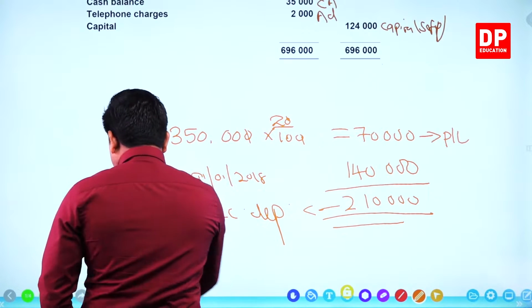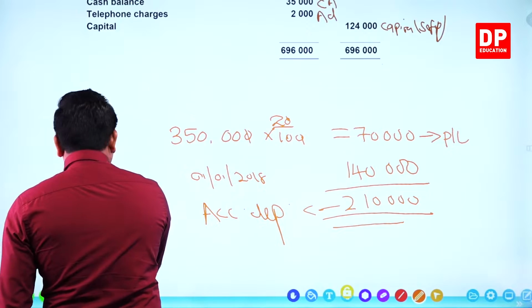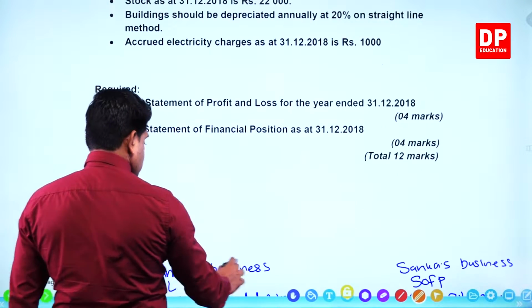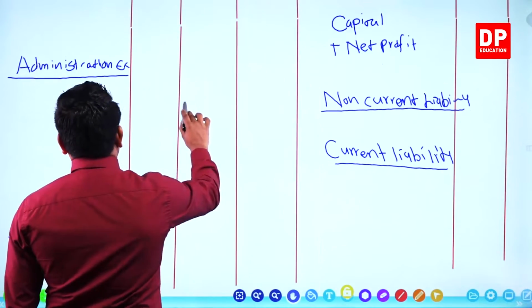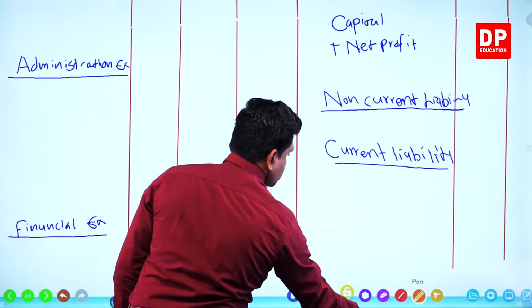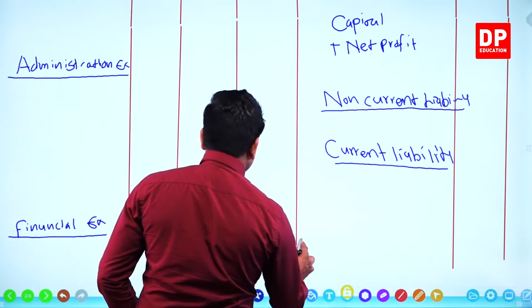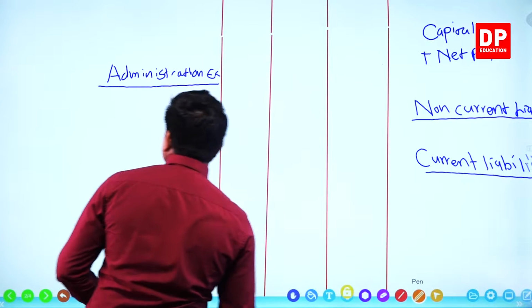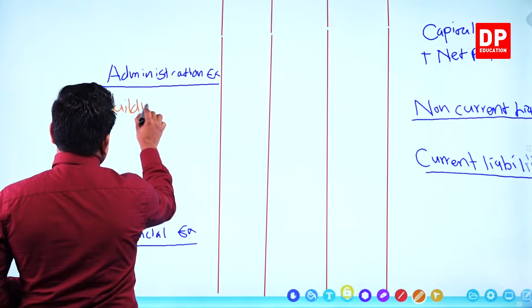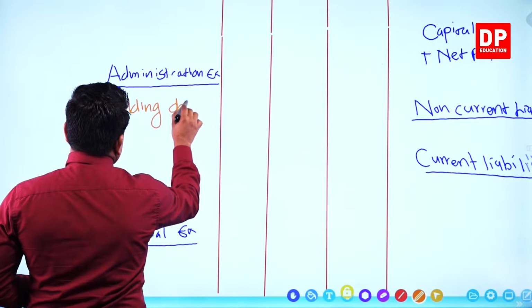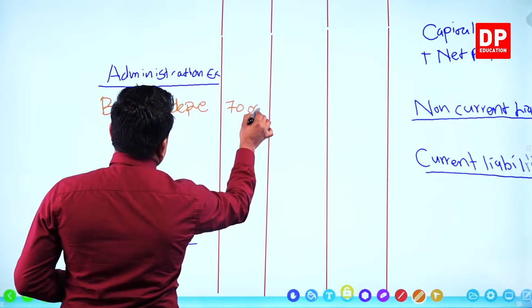Then we enter these values in the relevant places. 70,000 goes to administration expense, building depreciation 70,000.